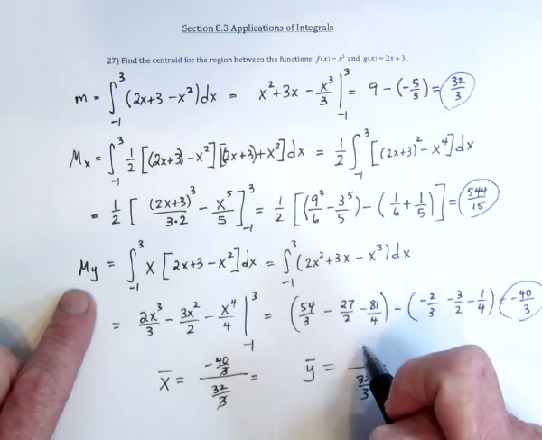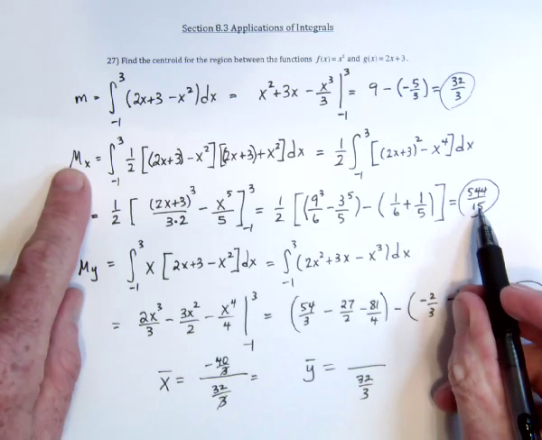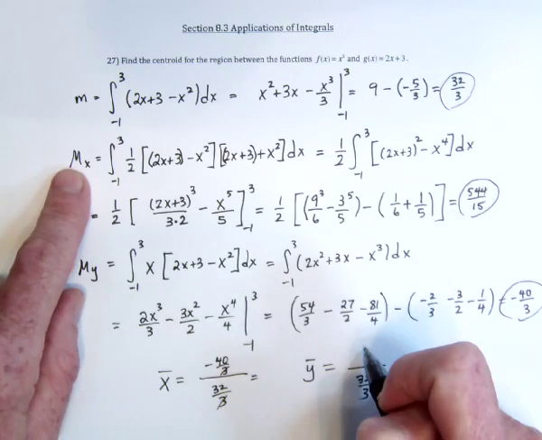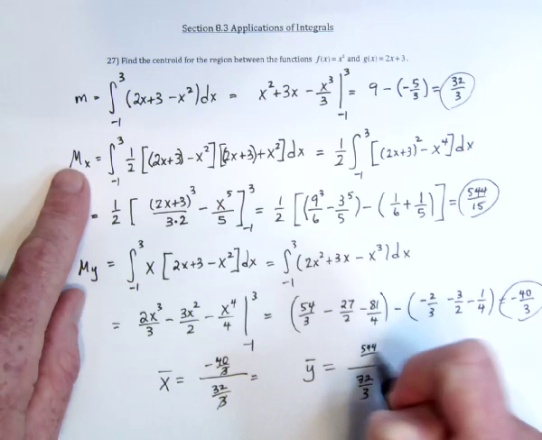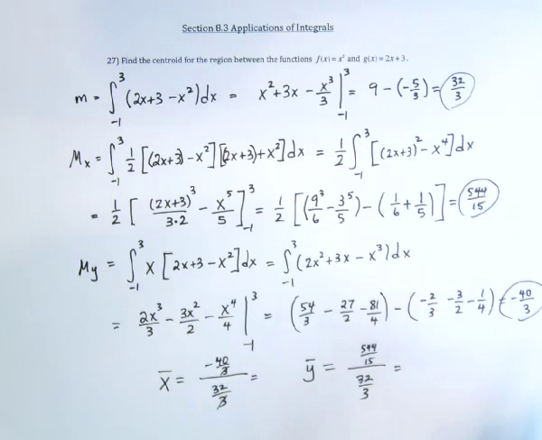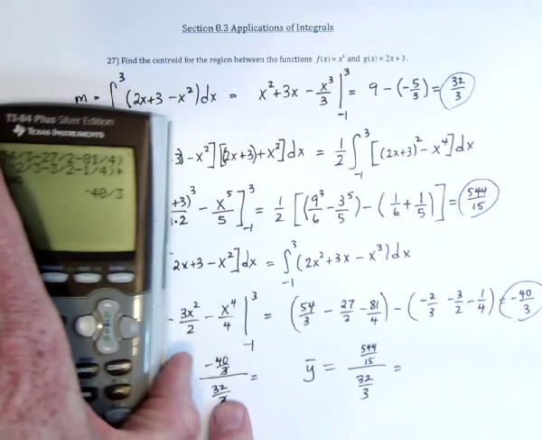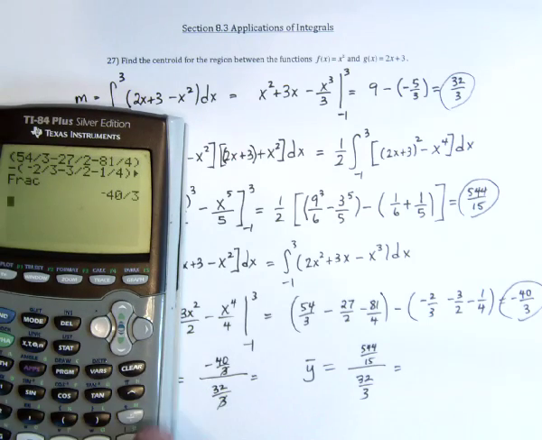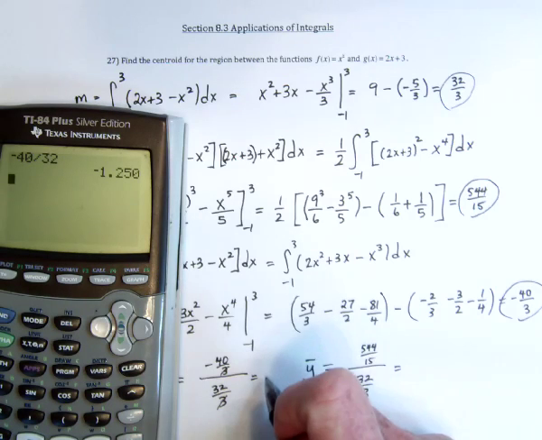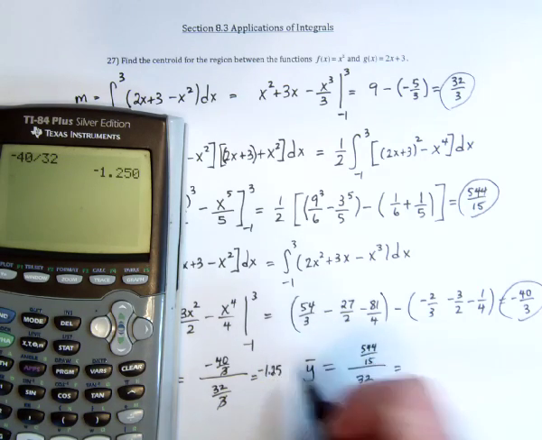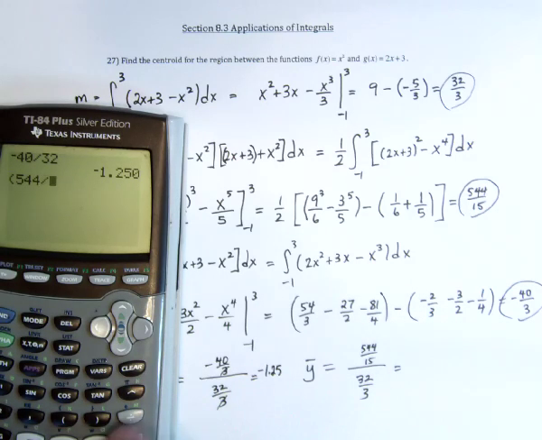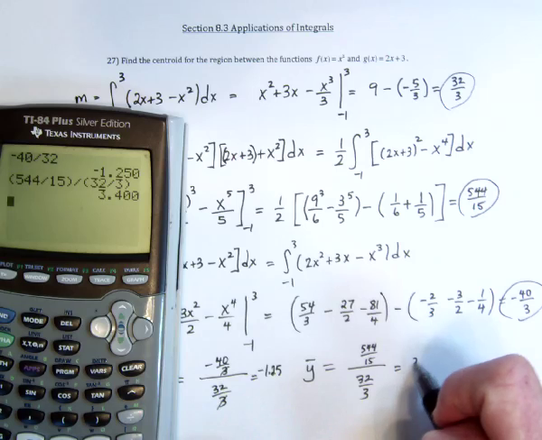And then y bar is going to come from the moment about the x-axis, so 544 over 15. So x bar is going to be negative 40 divided by 32, negative 1.25, and then this one, 544 divided by 15, gets divided by 32 divided by 3, which is 3.4.